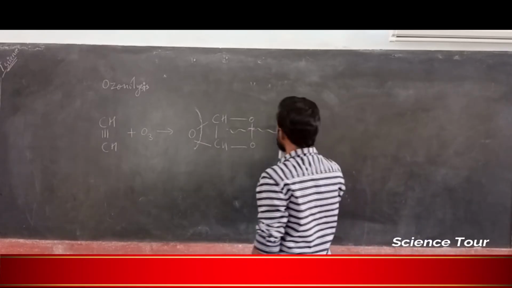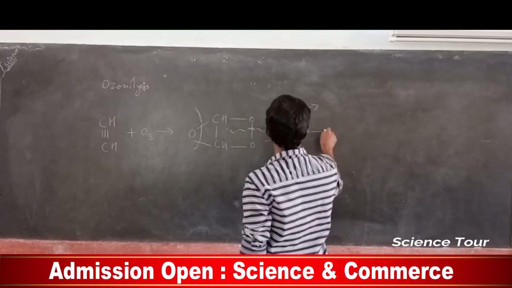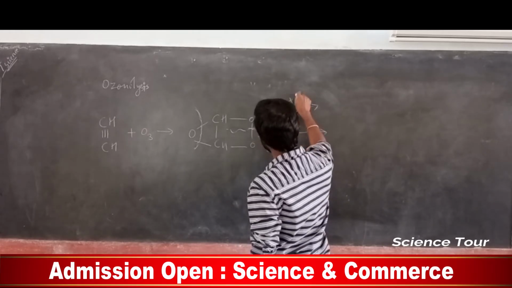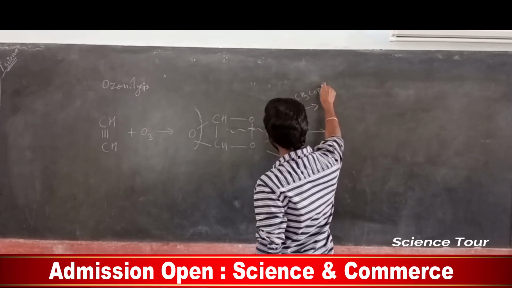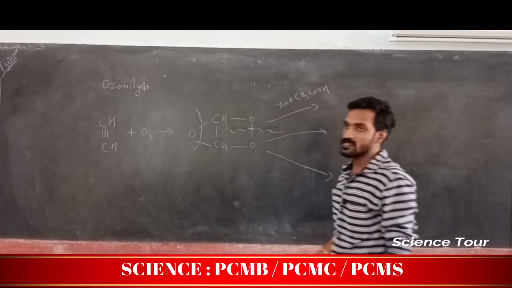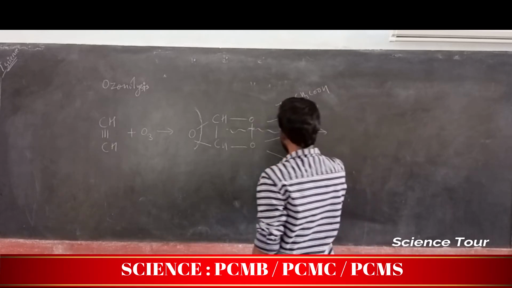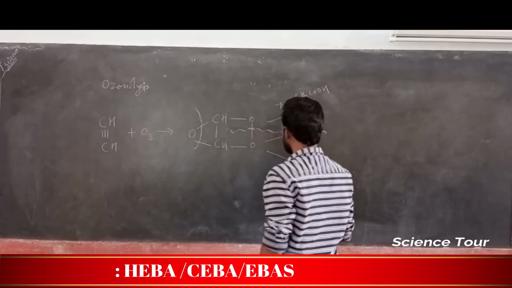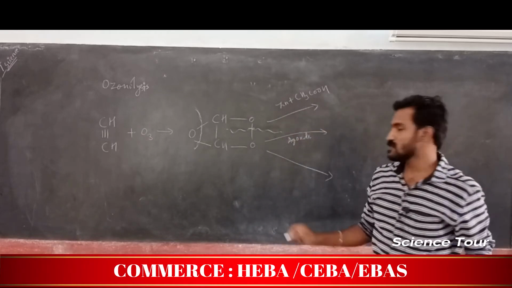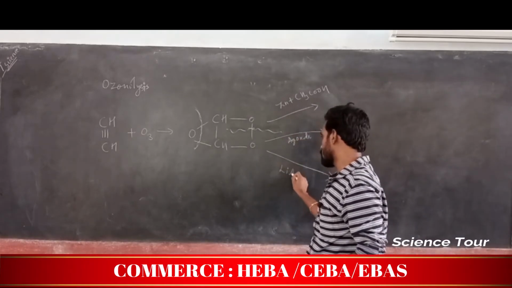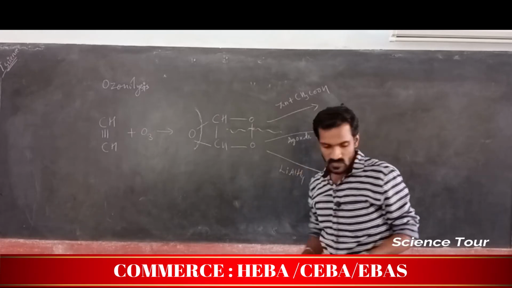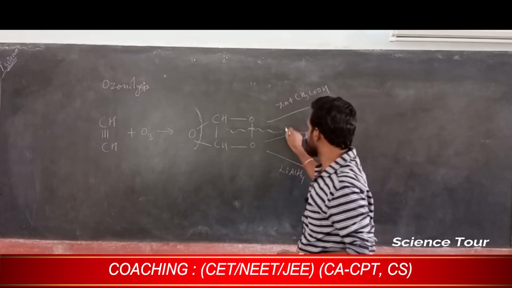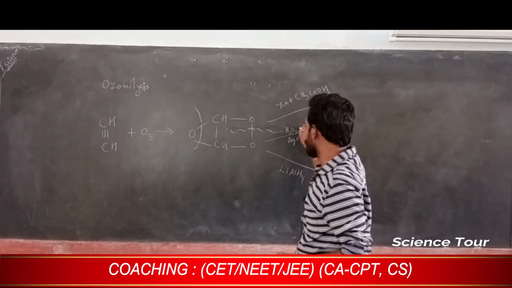Very important thing is, based upon which reagent you are using, it gives different products. For example, zinc in the presence of acetic acid, my dear students, and one more reagent is silver oxide and hydrogen peroxide or peracid, and at last lithium aluminum hydride.